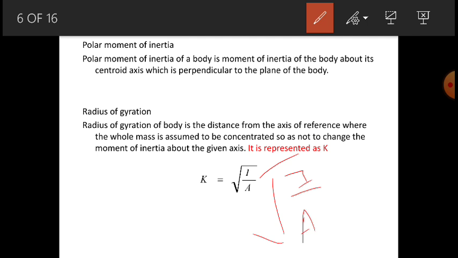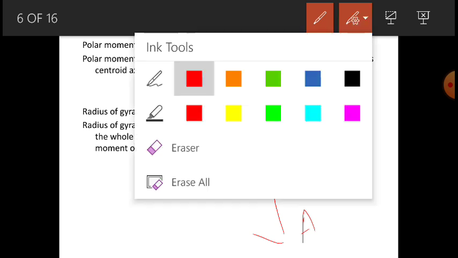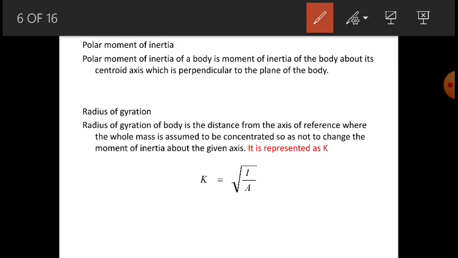This is the mathematical definition. The radius of gyration of a body is the distance from the reference axis where the whole mass is assumed to be concentrated so as not to change the moment of inertia about the given axis. The radius of gyration is represented as k.